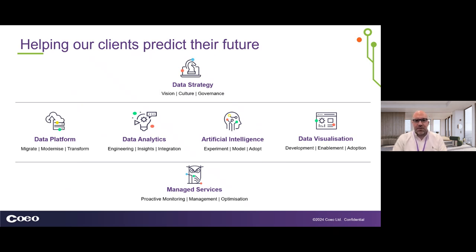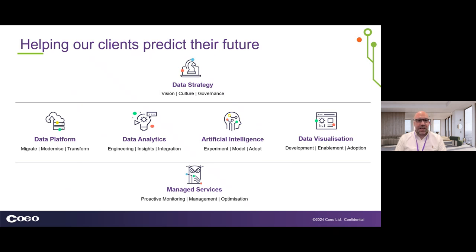We are all in on data, all in on Microsoft, and whether we can help with defining your data strategy or the next phase of that data strategy, or if we take the journey of data being housed in line of business applications or external data sources, all the way through to being ingested, modeled, utilized in your business to drive analytics, leverage the latest generation of AI and LLM tools, and surface that in things like data visualizations and Power BI, that covers the full gamut of how Coeo support our clients.